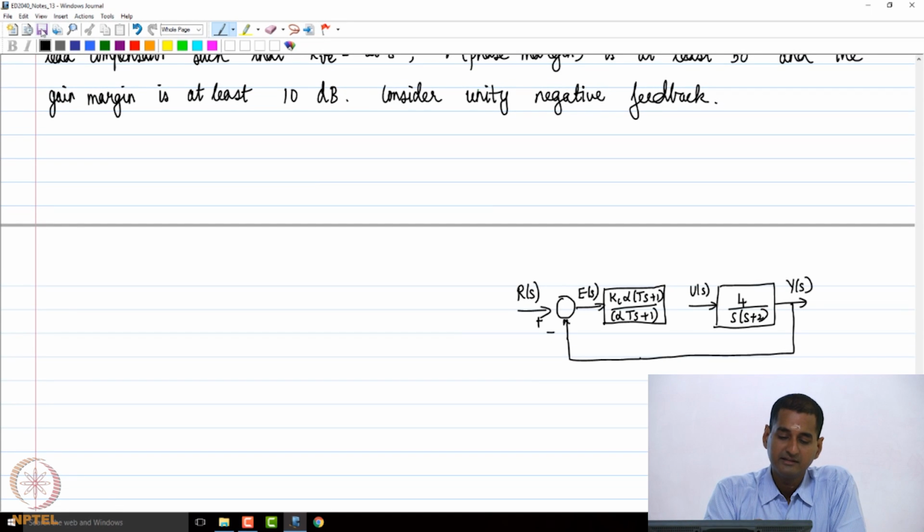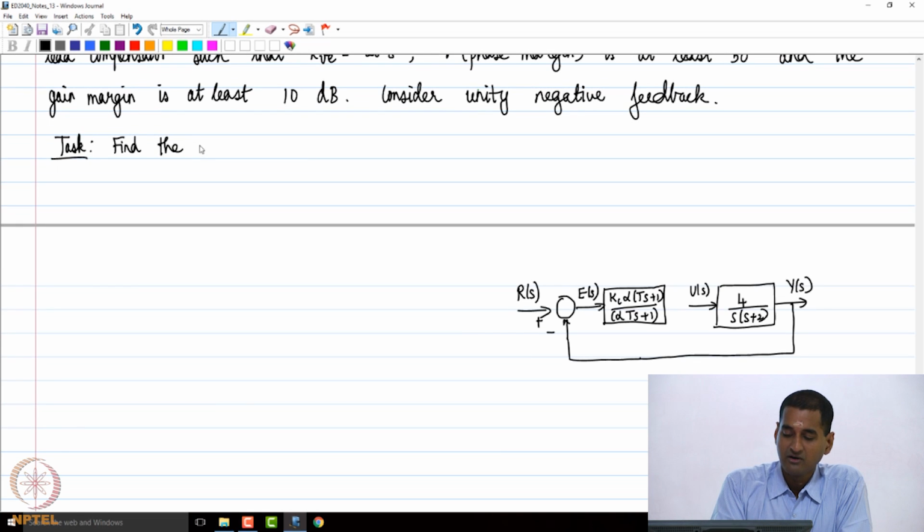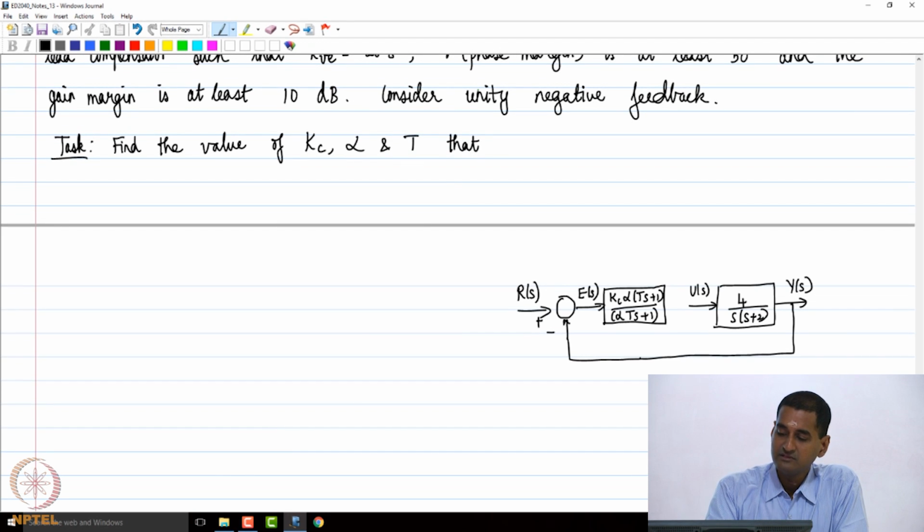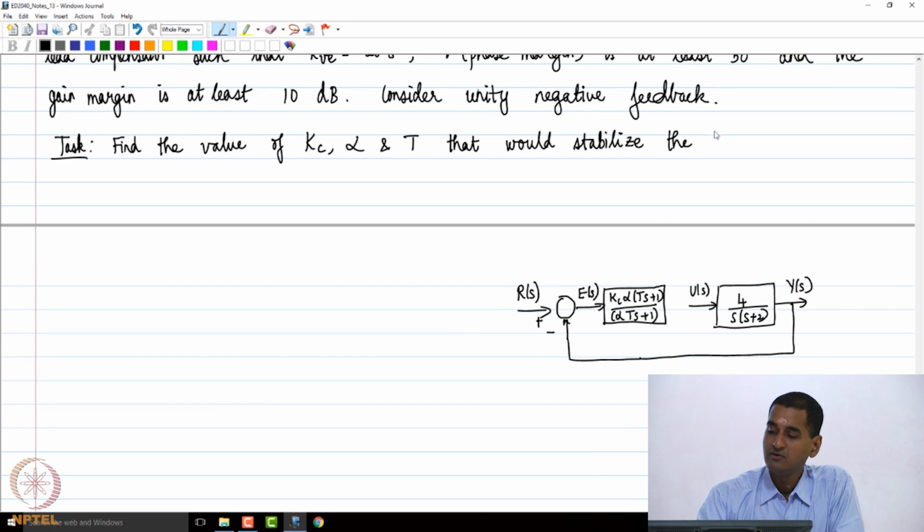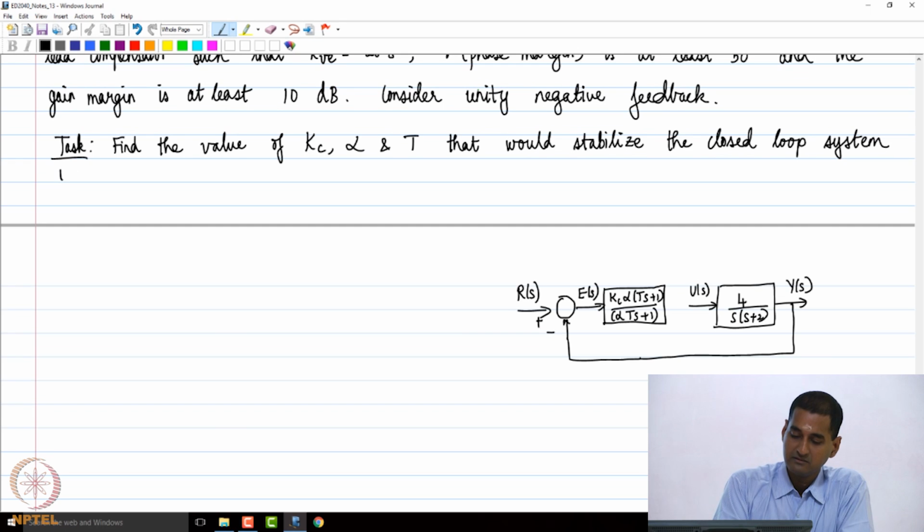So the task for us is to find the values of Kc, alpha and T that would stabilize the closed loop system while meeting the above performance requirements.